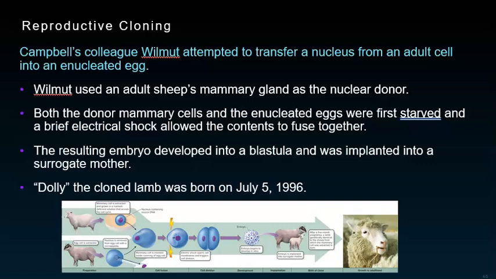The resulting embryo developed into a blastula and was implanted into a surrogate mother. And as a result, Dolly the cloned lamb was born on July 5th, 1996. So anytime we're talking about producing offspring by having changed the nucleus, that's reproductive cloning.